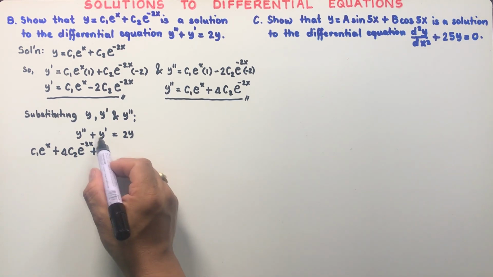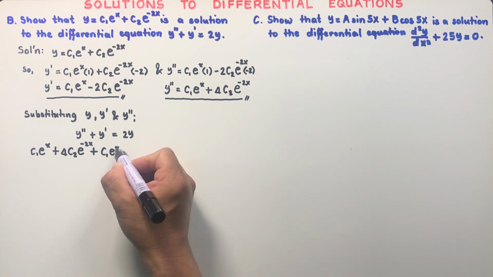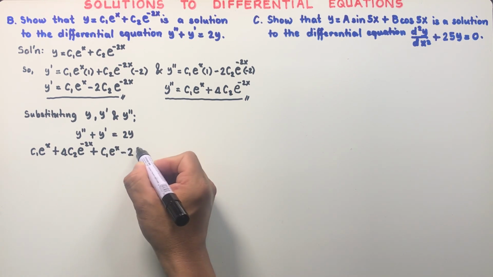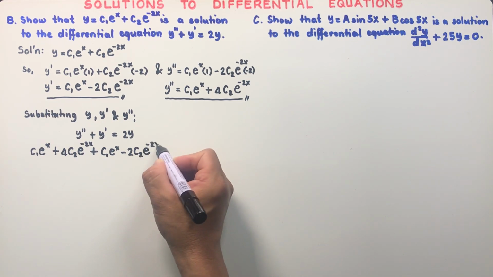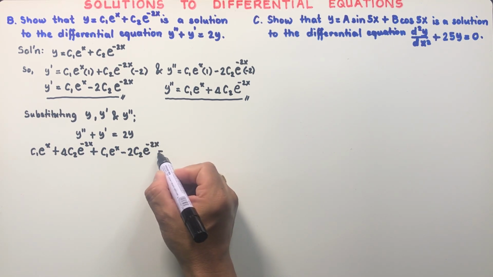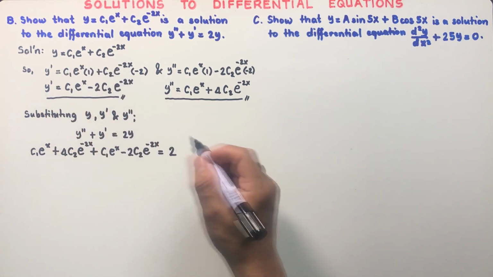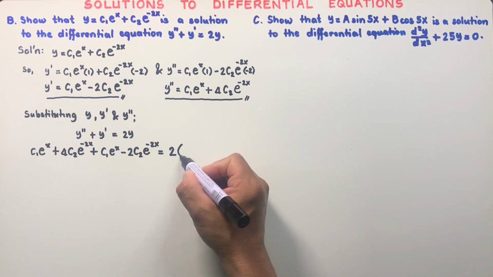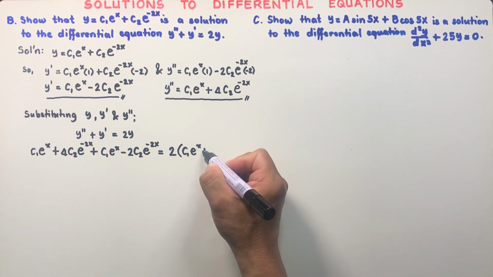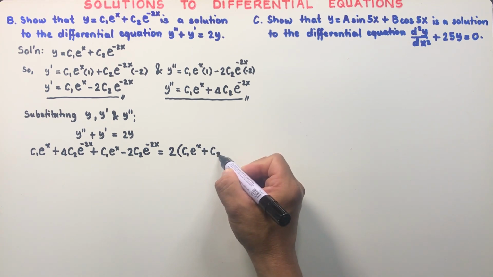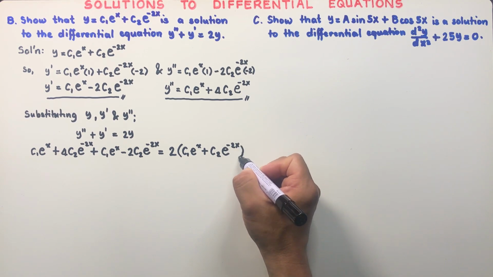And our y prime is this one, plus c sub 1 e to the x minus 2 c sub 2 e to the power negative 2x, which is equal to 2y. And our y is this one. So times c sub 1 e to the x plus c sub 2 e to the power negative 2x there.